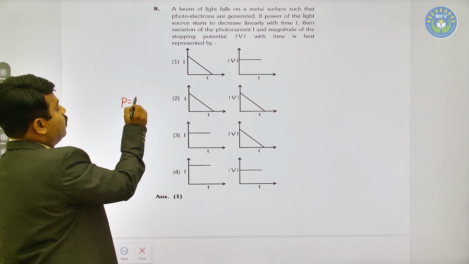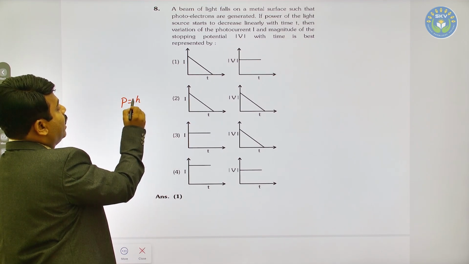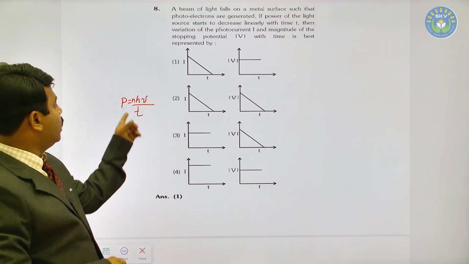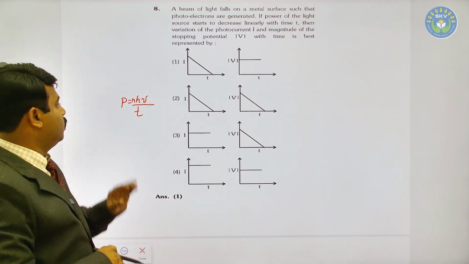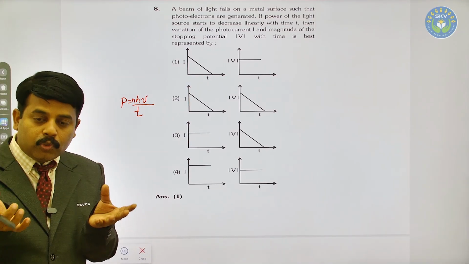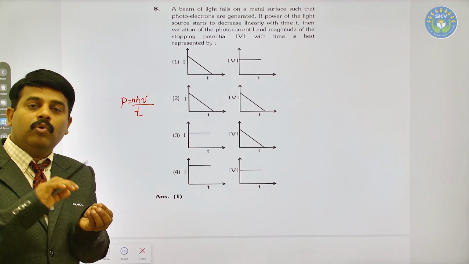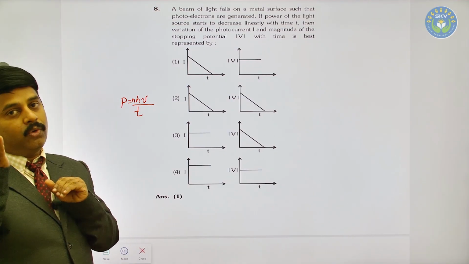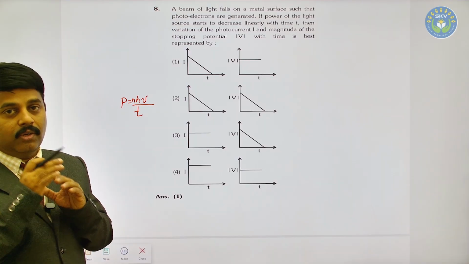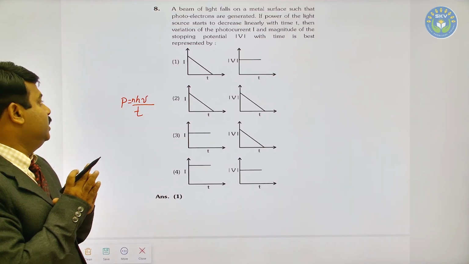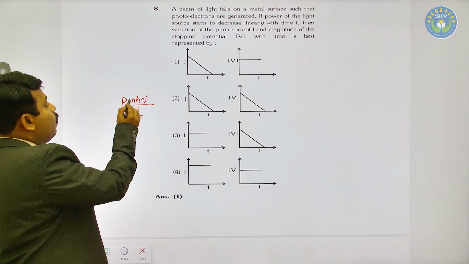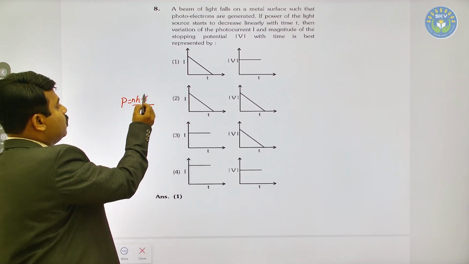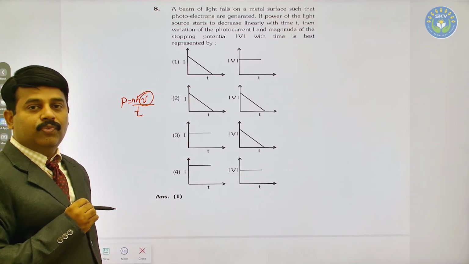Power is equal to n h nu by t, because n photons are coming, total energy n h nu with respect to time. Now, suppose 2 photons come, 10 photons come, 15 photons come, photon energy is not changing, frequency is not changing, but only this n decreases. Power decreasing with time means what is decreasing? Frequency of light is not changing, it is fixed, right?